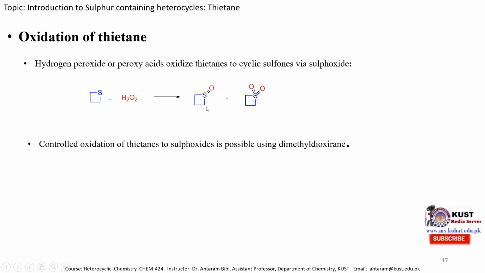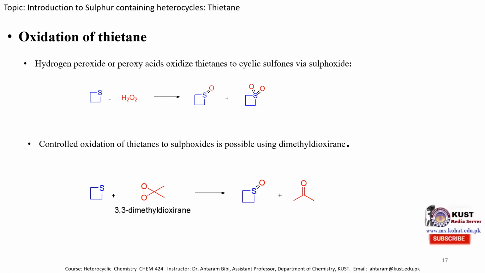This sulfoxide is possible using dimethyldioxirane. When dimethyldioxirane is treated with the thietane molecule, the thietane molecule oxidizes to produce the thietane sulfoxide molecule, and acetone is produced as a byproduct.